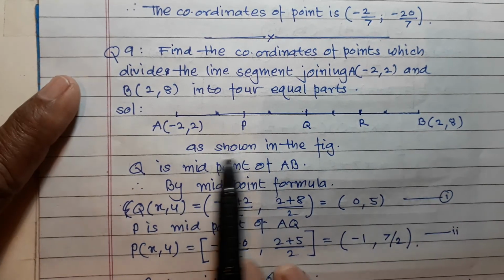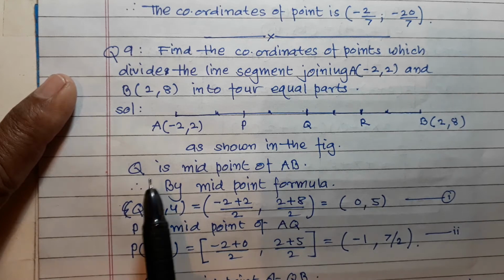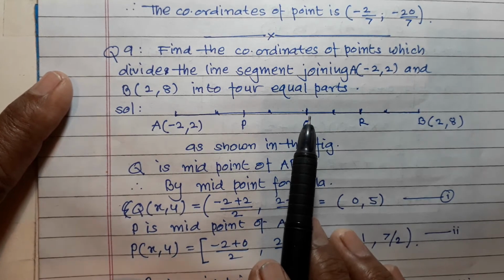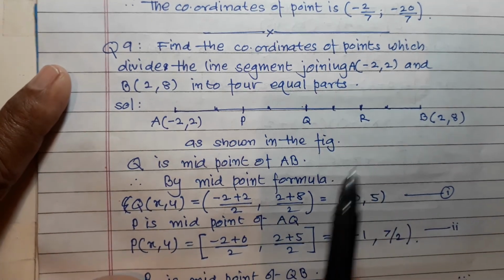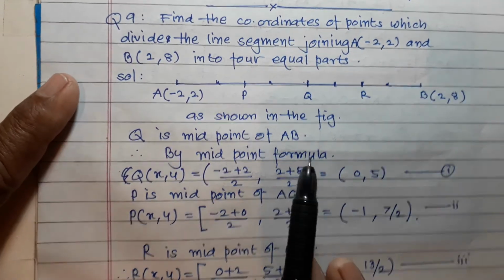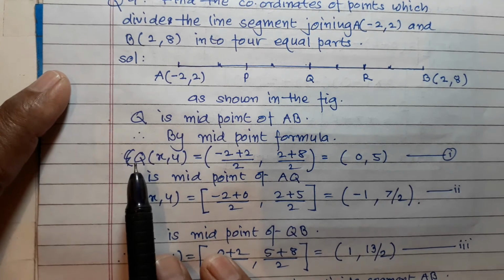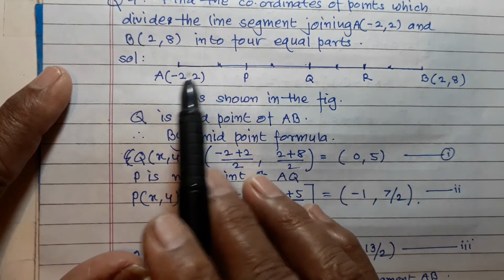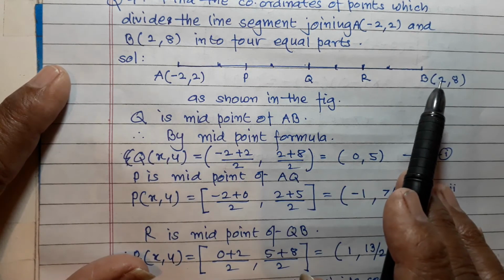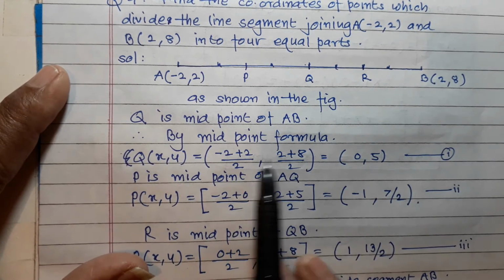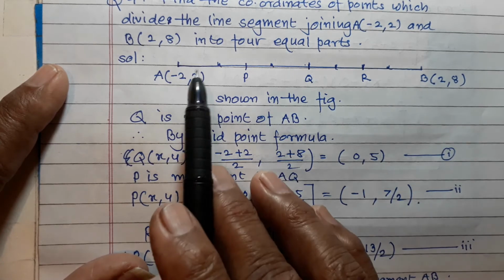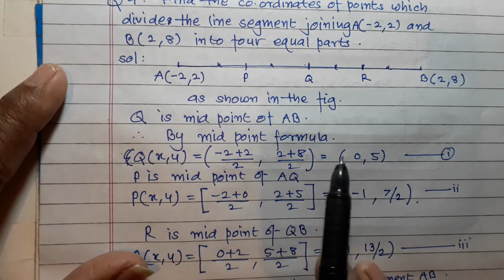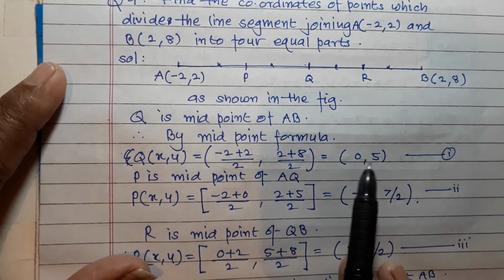Now as shown in the figure, Q is the midpoint of AB. So by the midpoint formula, Q(x, y) is equal to ((-2 plus 2)/2, (2 plus 8)/2), and therefore Q is (0, 5).